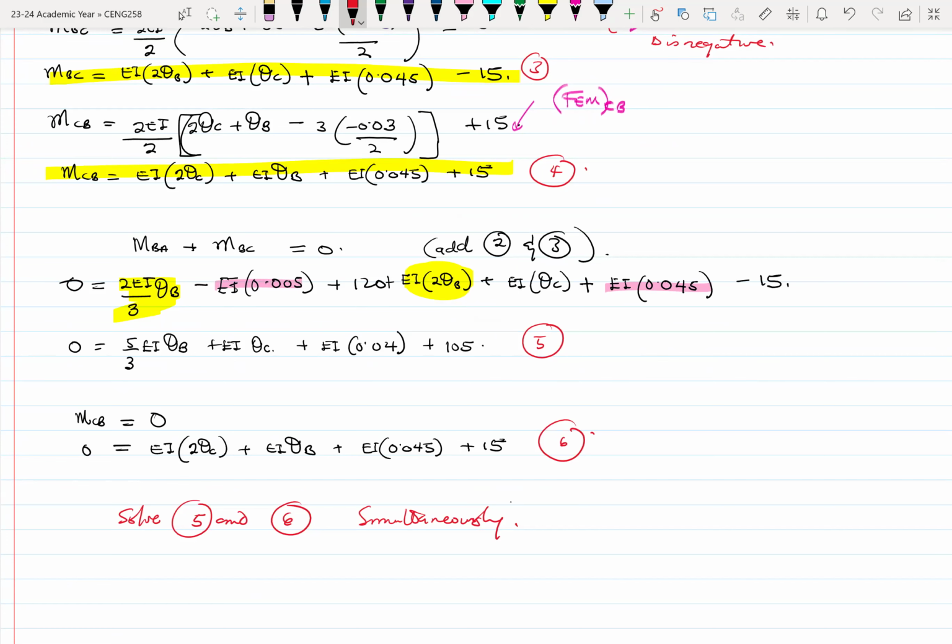To make things easier, let's assume that EI, let's say E is equal to 200 GPa. So let me create something for the I as well, and let's move on from there.